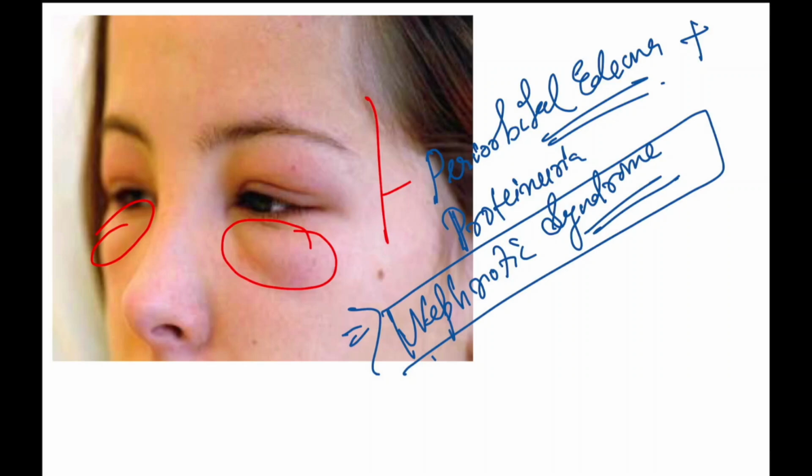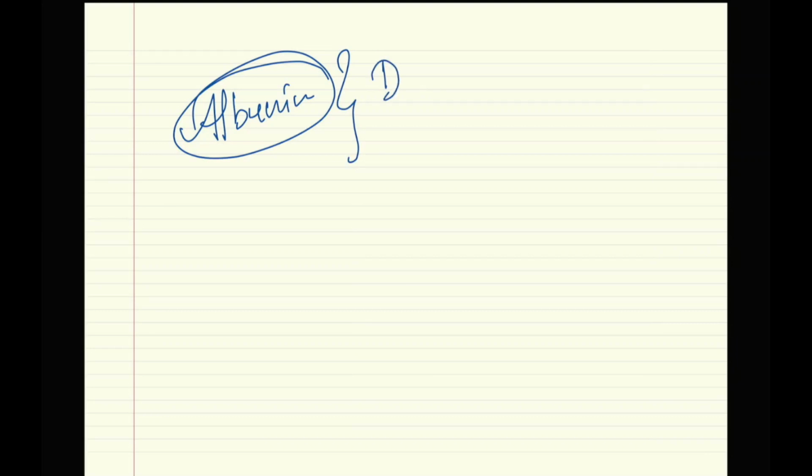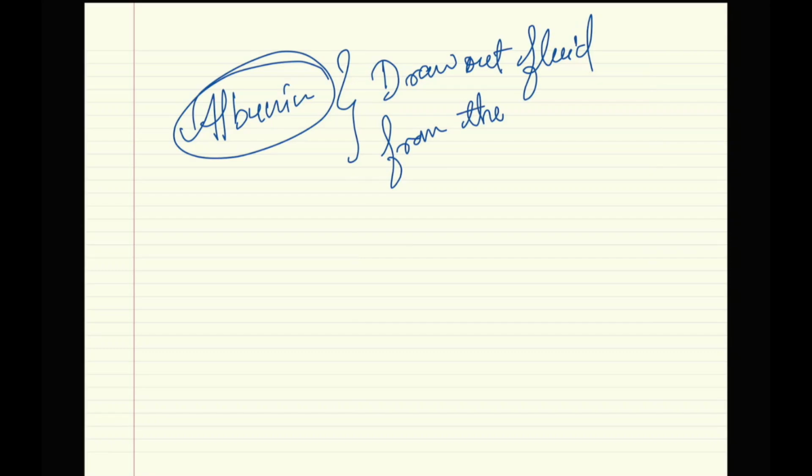You know, this edema is also due to the reduced albumin content in the body. Because what does albumin do? It is the function of albumin to draw fluid from the cells and tissues into the blood.